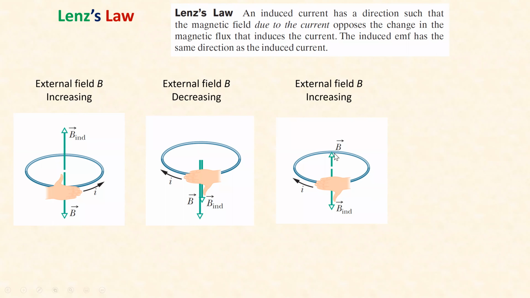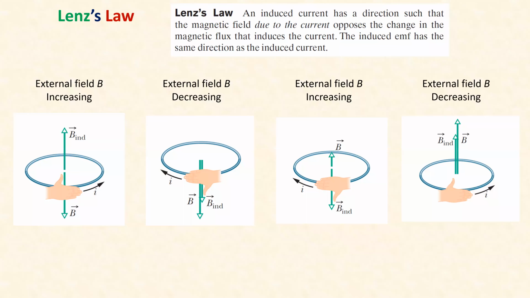And in this case, the external field is upward and decreasing. This B is upward and this is the external, right? So it is decreasing. So Lenz's law says that the induced current creates a magnetic field that supports it. So you know which direction the B field should be to support that.